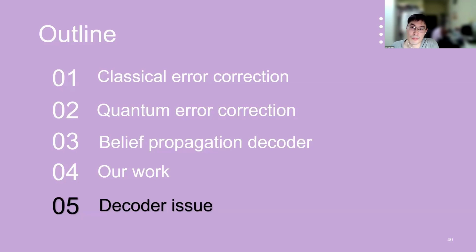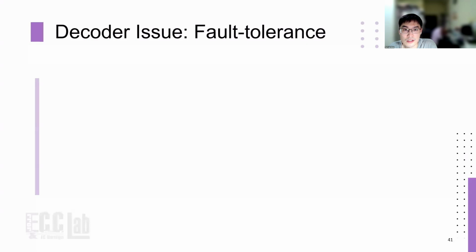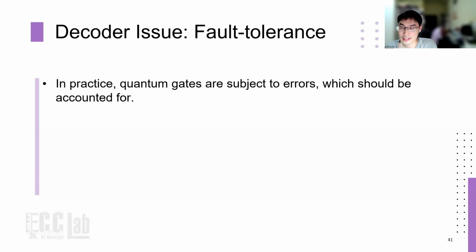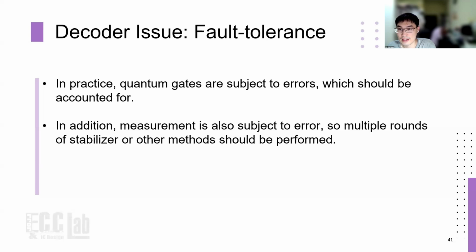Last, I will briefly show some decoder issues that I haven't mentioned before. First, fault-tolerant computing. In practice, quantum gates are subject to errors which should be accounted for, and measurement is also subject to error. So multiple rounds of stabilizer measurement or other methods should be performed.